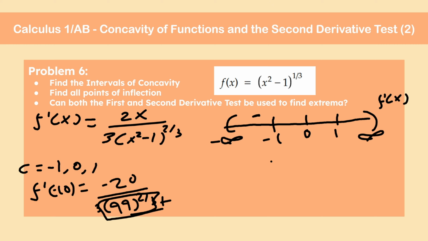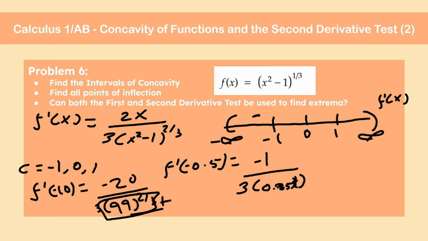And now we're going to test from negative 1 to 0. So let's try f prime of negative 0.5. So let's see, 2 times negative 0.5 would be negative 1, over 3 multiplied by negative 0.5 squared, which is 0.25, minus 1, raised to the power of 2.